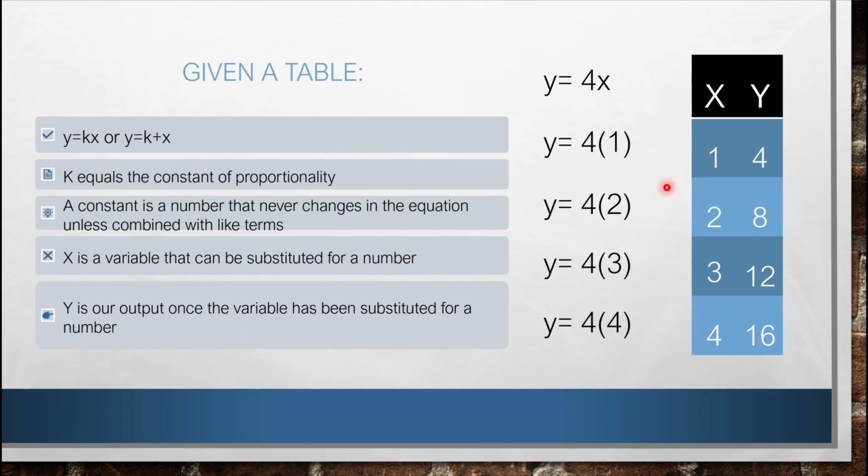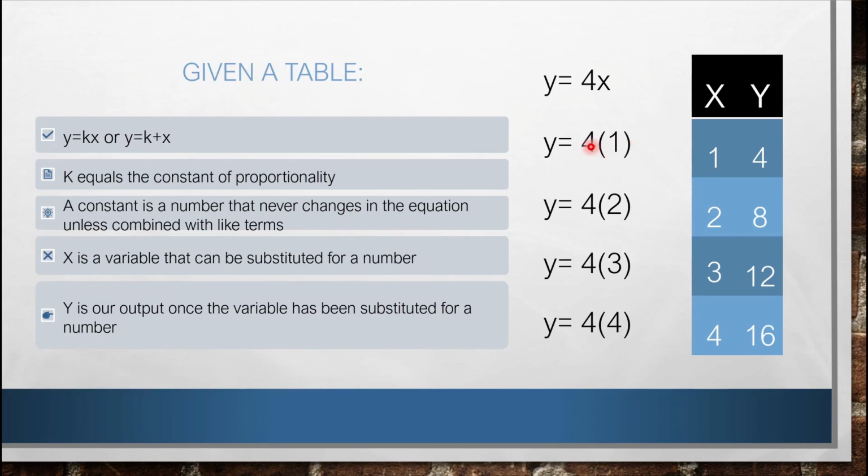So I have this table. We have when x is 1, 2, 3, or 4, this is our output of what the outcome is. So here's our little equation for x. So here I've got an x of 1. That means I'm substituting 1 in for x.